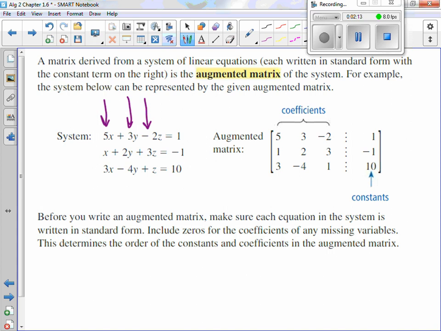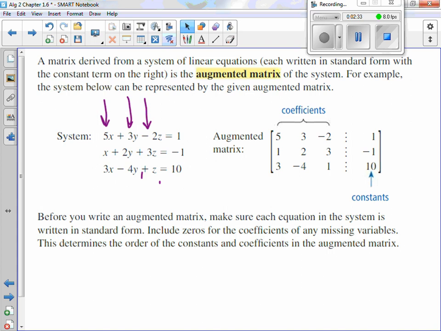So if x is first, x has to be first in all 3. If we want y in the middle, y has to be in the middle of all 3. And if we want z last, it has to be last. They have to match up. I can't just mix them up however I want. They have to line up, x's, y's, and z's.